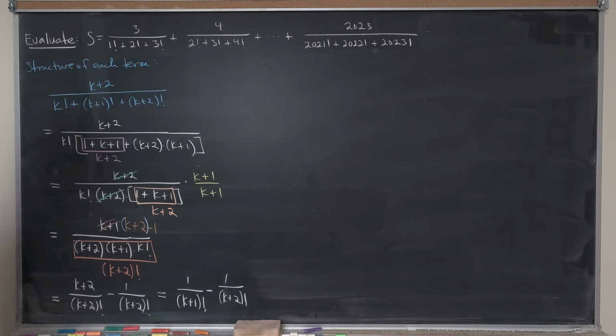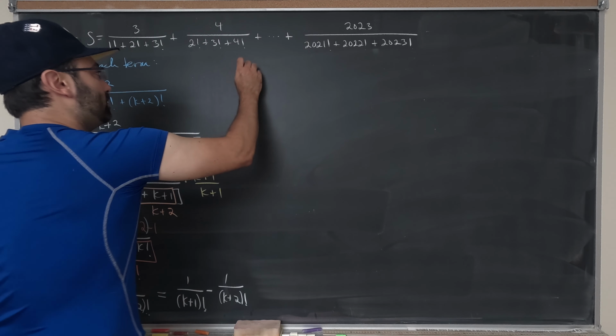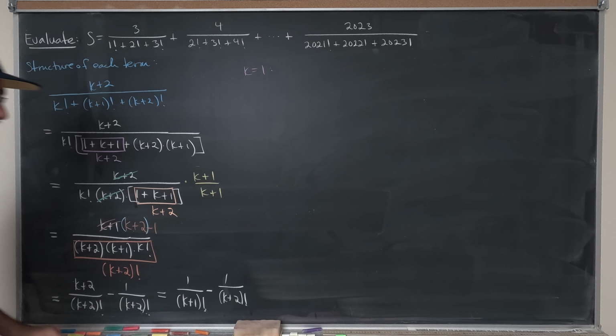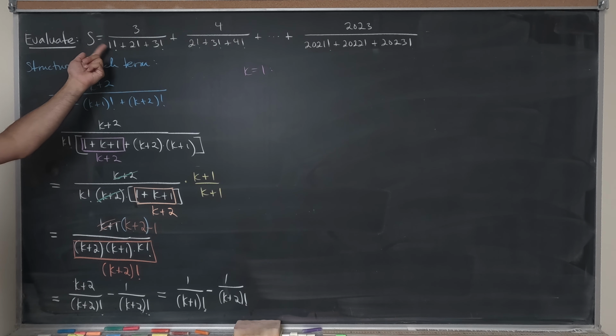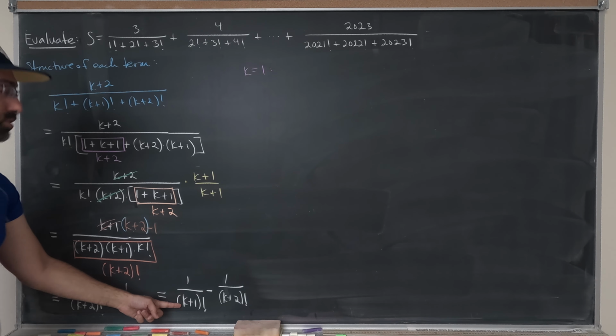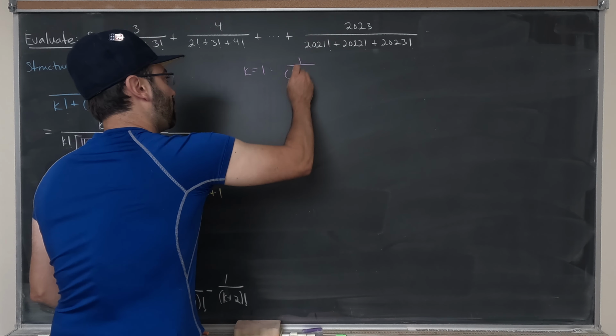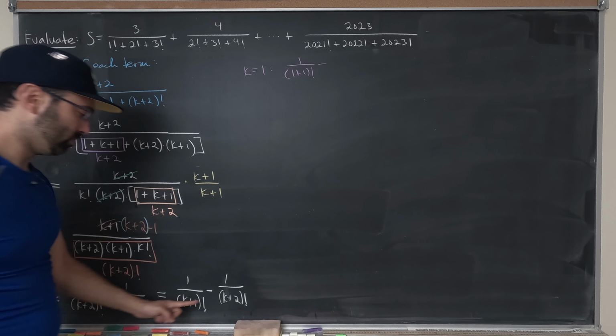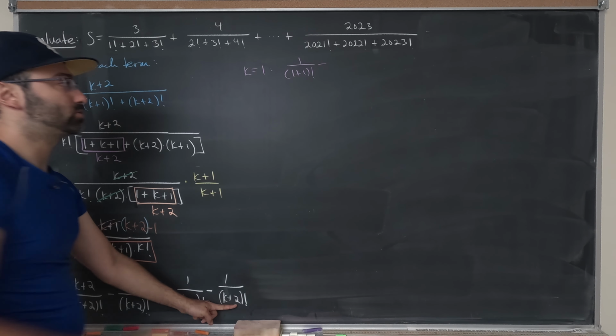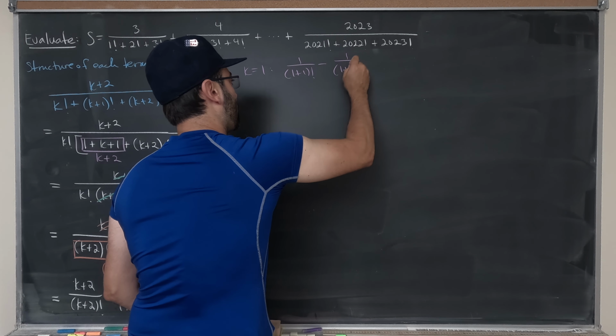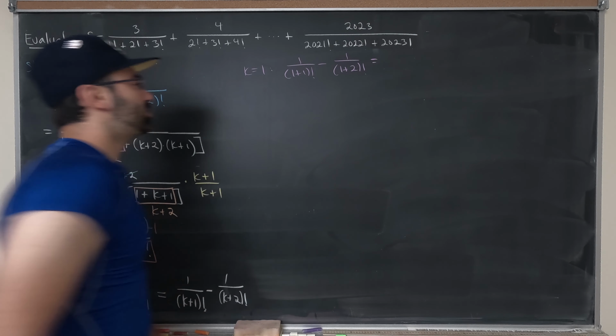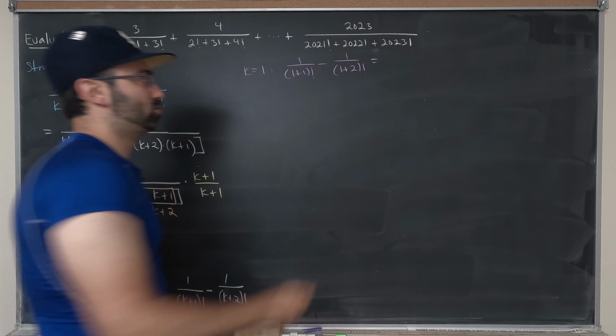So how does this help us? Well, let's take a look. Let's look at the first few terms of this series. When k equals 1, that corresponds to the first term of the series, where this k is 1. So what does that give us? Well, 1 over 1 plus 1 factorial minus 1 over 1 plus 2 factorial. And that's nothing more than 1 over 2 factorial minus 1 over 3 factorial.